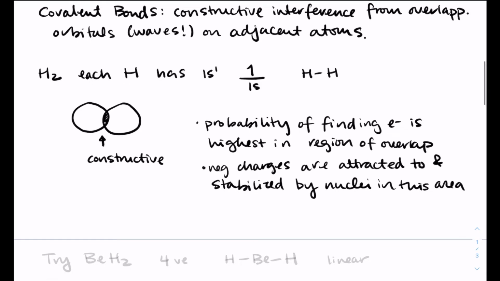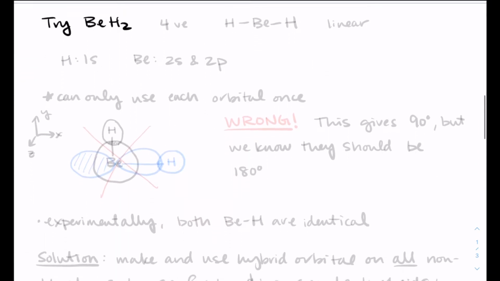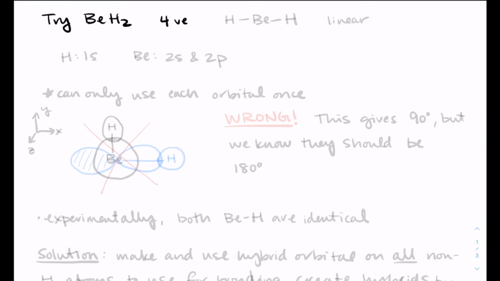So if we take BeH2, this has 4 valence electrons in this molecule. Up until this point, I could ask you to tell me the geometry of BeH2, and you would tell me that it's linear, and you would be right. So if we're looking at the orbitals that we have available to us, hydrogen just has that 1s.